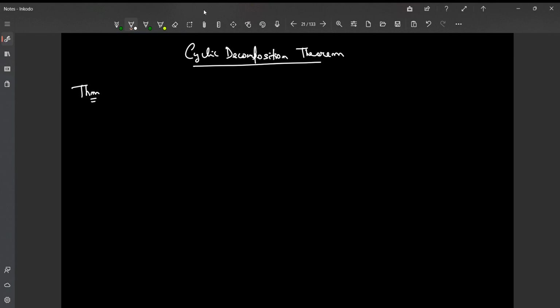Otherwise, it will be a bit more complicated to understand this, because throughout those lectures we have conceptually built some important aspects which we will be readily using in this theorem.